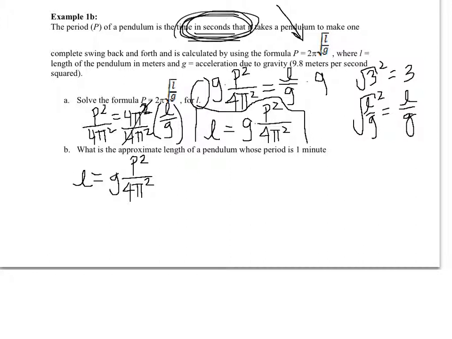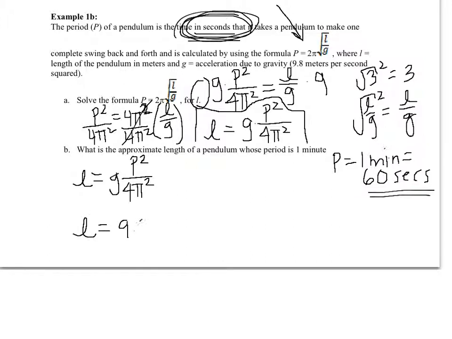So if they say 1 minute, then we know P has to be 1 minute, but we got to turn it into seconds. So it's 60 seconds. You really got to watch your units. What else do we need to know? We need to know gravity, and they gave us that of 9.8 meters per second squared. So we can say L equals 9.8 times P squared. We said it was 60 for 60 seconds. Squared divided by 4 pi squared.